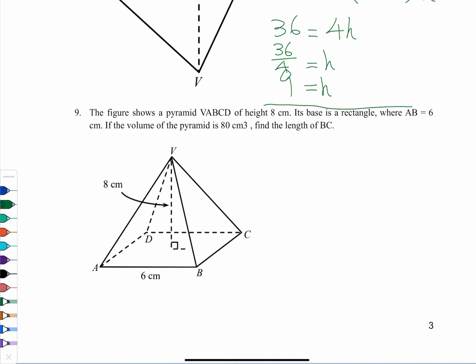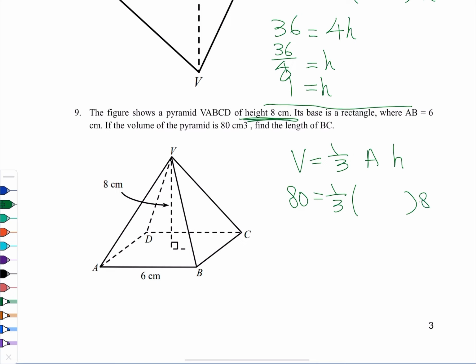Okay, so the last question, volume is 1/3 base area times height. So volume now is 80. 1/3. Do we know the base? Not yet. How about the height? We know the height, 8. And then how about inside? We know the base is a rectangle. Rectangle is length times width. So AB times BC.